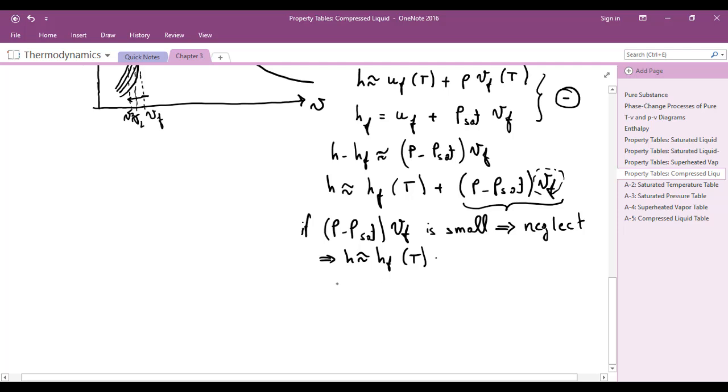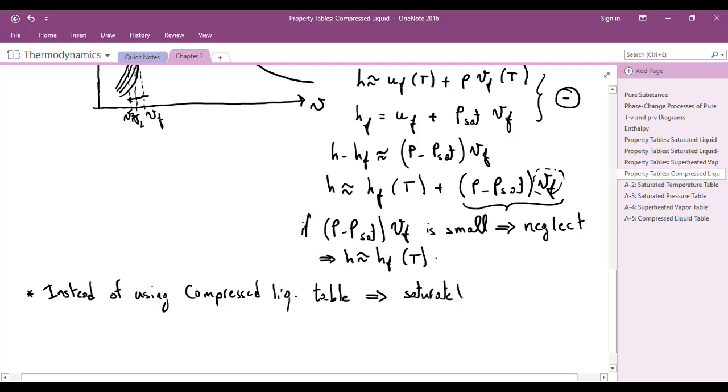So as a conclusion, instead of using the compressed liquid table, we can use the saturated liquid data available in the table, for example for water in table A2, the temperature table.